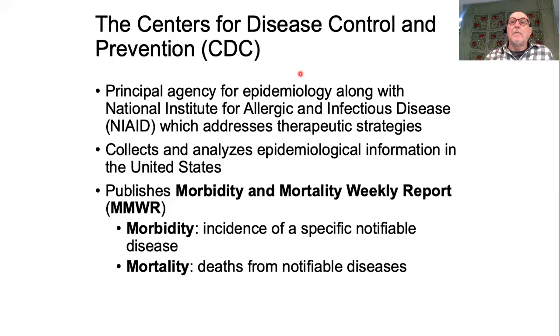Properly, we would normally send all of this data to this very important and formerly world-renowned government agency, the Centers for Disease Control and Prevention, commonly known as the CDC, which is in Atlanta, Georgia.